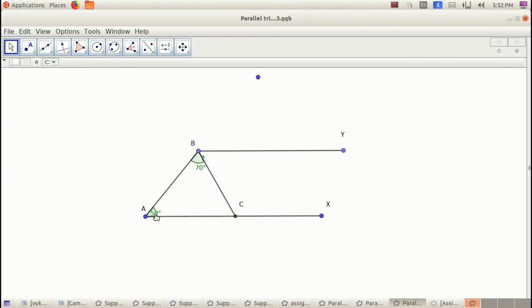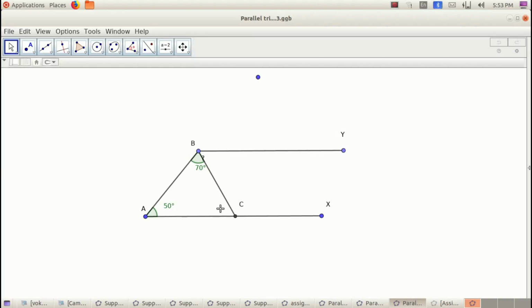Here it is 50 degree. Okay. Now the question is, ABC is a triangle. And what is the measurement of the angle C here?